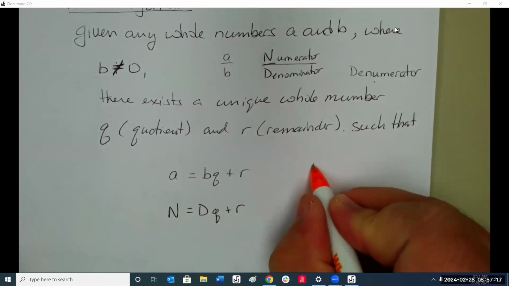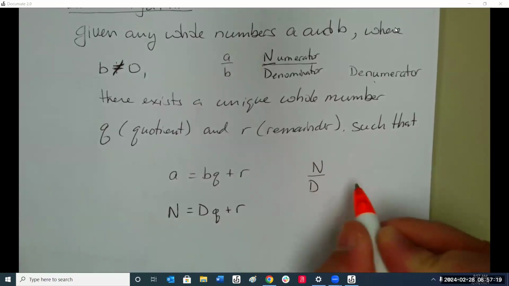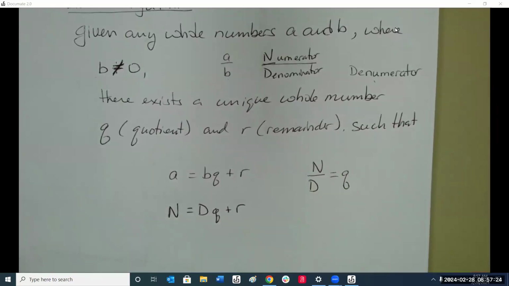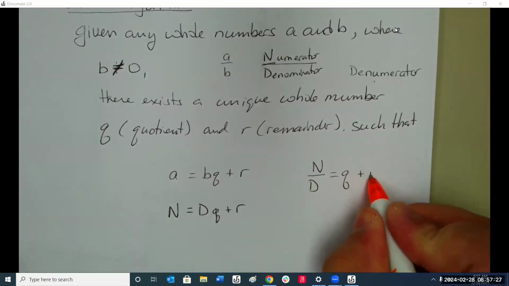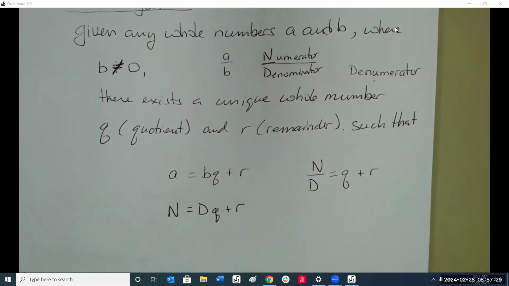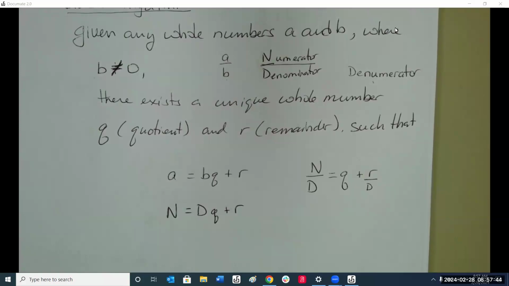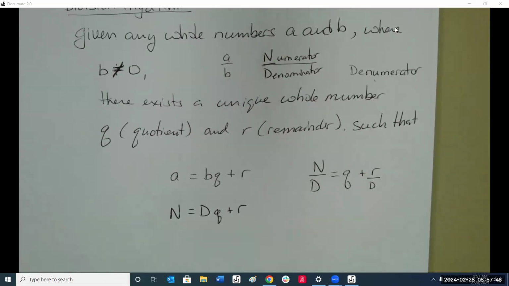Remember, what we have here is our numerator divided by our denominator equals the quotient plus our remainder. And remember, the remainder is always divided by D, if you write it this way. But now, how do we get it to this form?